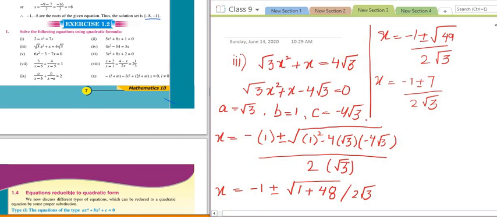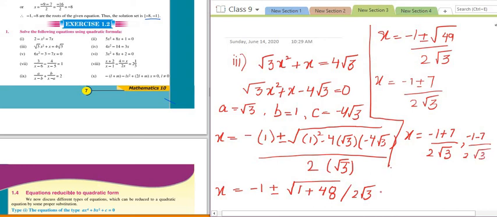Okay, this is x equals minus 1 plus 7 by 2 square root 3 and minus 1 minus 7 by 2 square root 3.